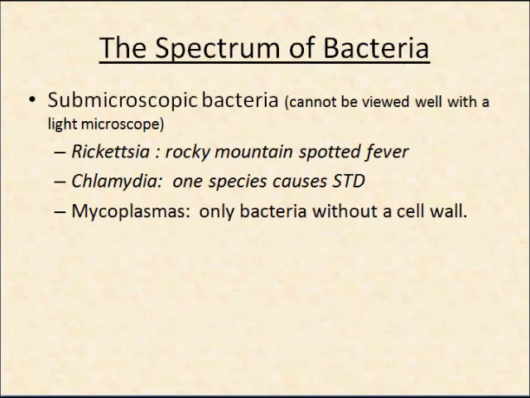These include rickettsias, and rickettsias are responsible for Rocky Mountain spotted fever, and chlamydia, and one of these causes an STD. And then there are mycoplasmas, which are so small they don't even have a cell wall. They have the phospholipid bilayer cell membrane like other cells, but they have no external structure beyond that.